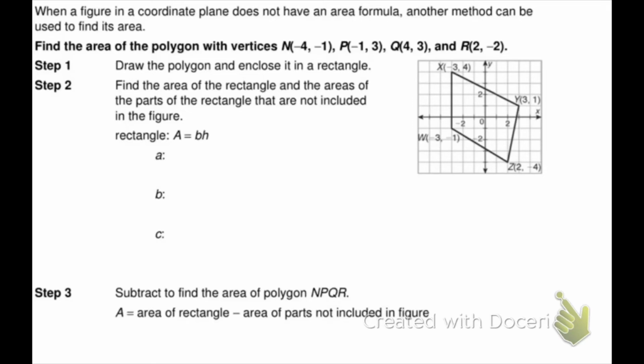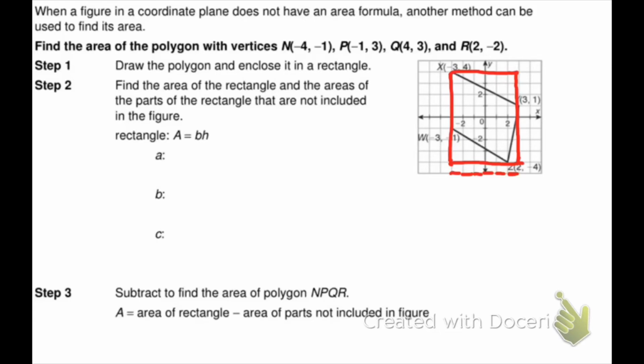What I mean by this is that I'm first going to calculate the area of this big rectangle that completely encloses that polygon here. So that big rectangle has a base of 1, 2, 3, 4, 5, 6, 7.